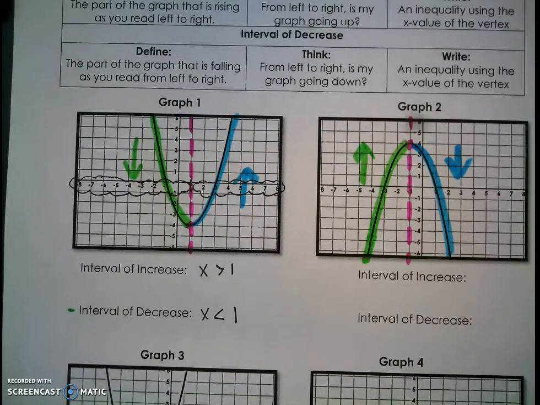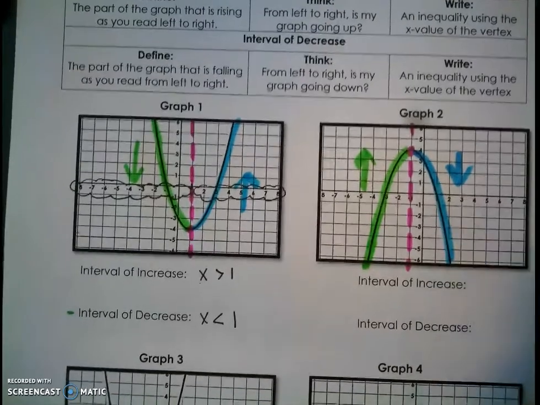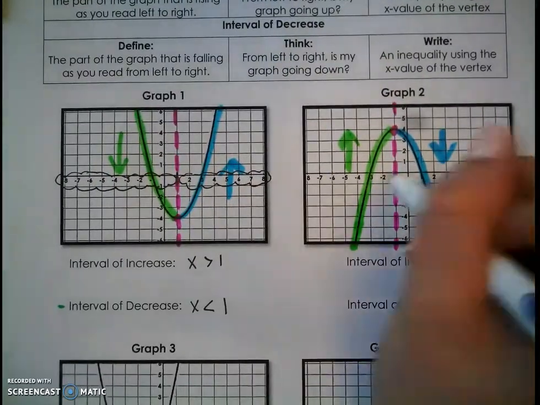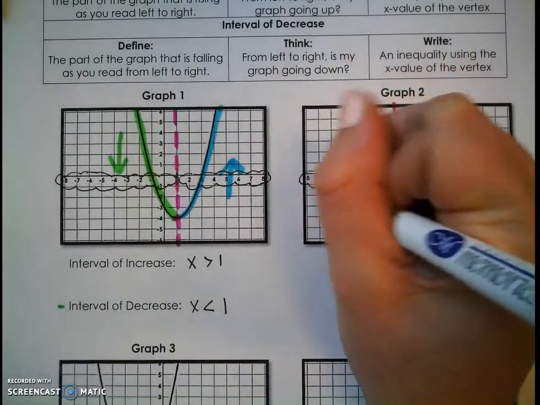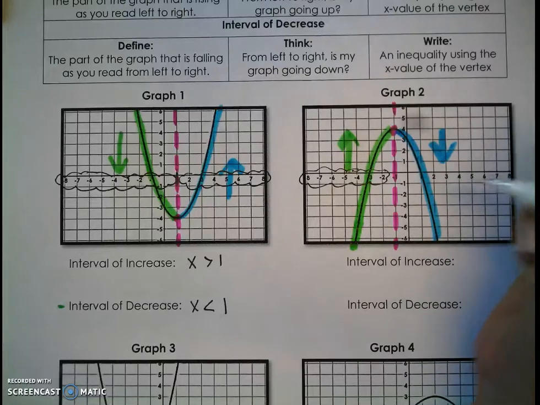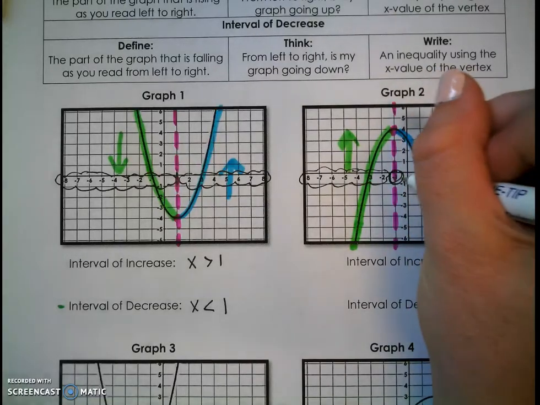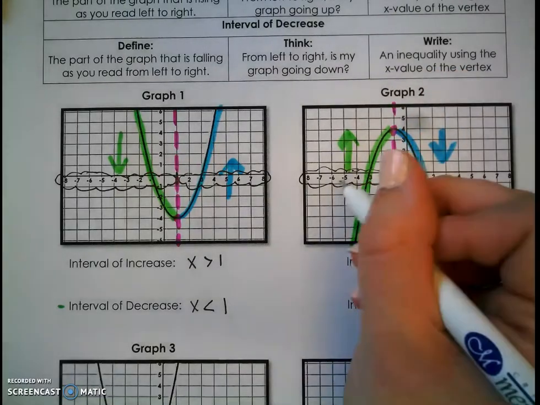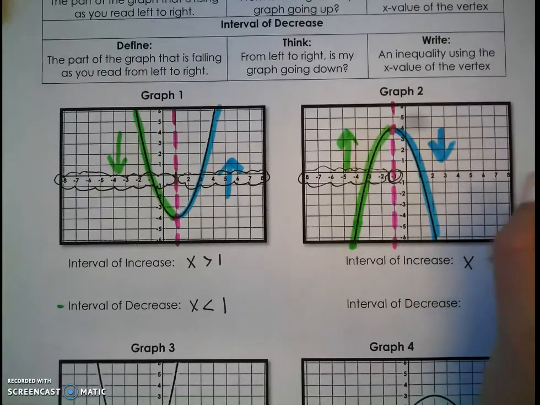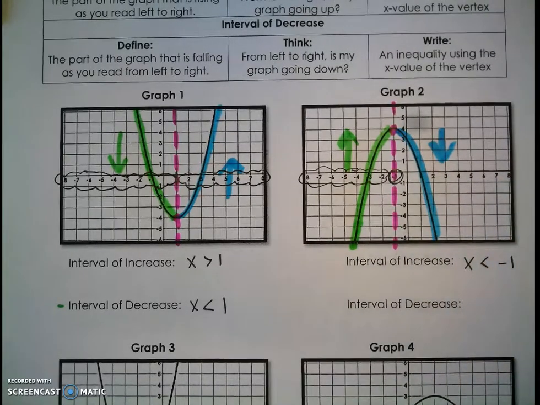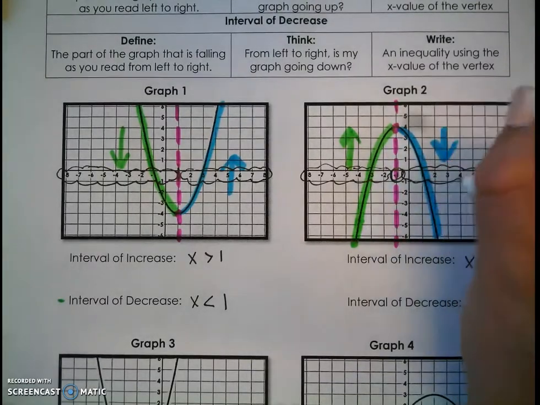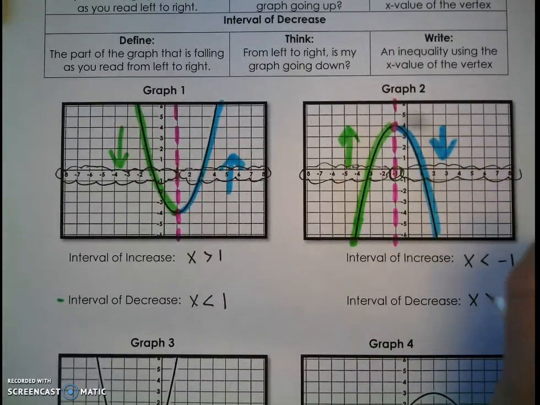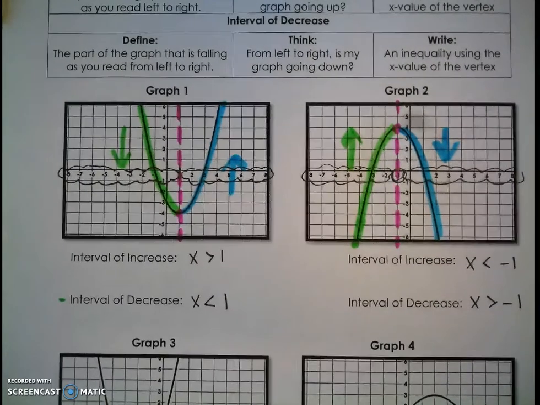So my interval of increase, because that's what's on the left, so I should always work left to right, these x values are smaller than that negative 1. So for my interval of increase, because this side was increasing, my x values are less than negative 1. Whereas my interval of decrease, which is the right side, has numbers that are bigger than negative 1.